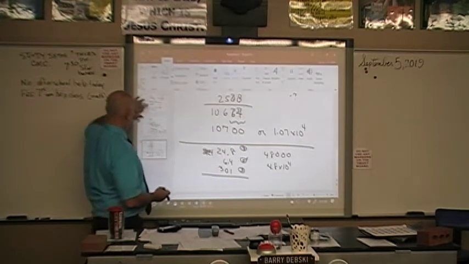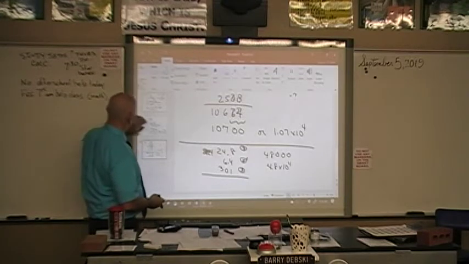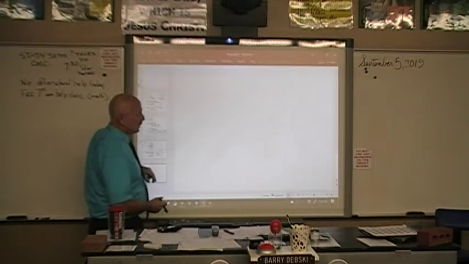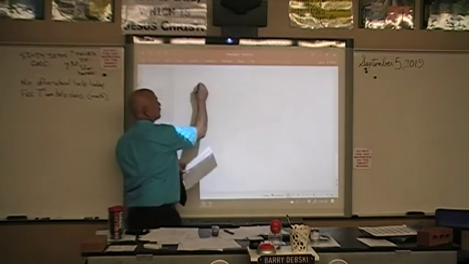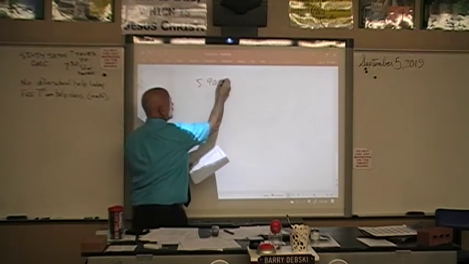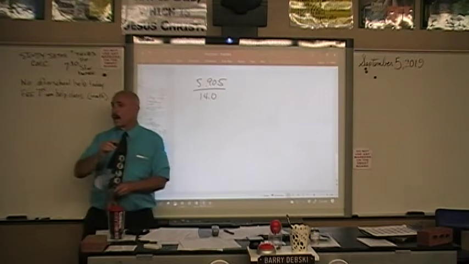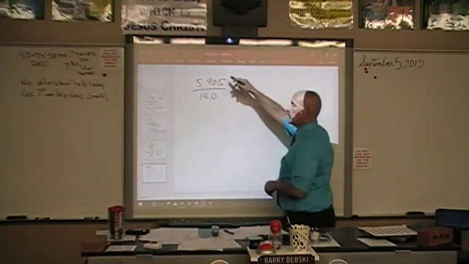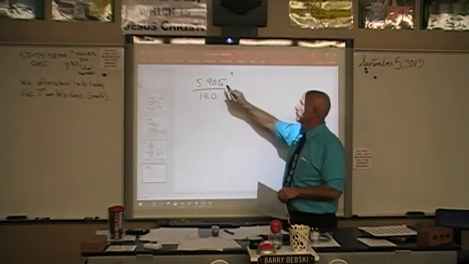Okay, let's do that last one there. Last one is 5.905 divided by 14.0. Peyton, how many sig figs in the top? 4. How many sig figs in the bottom?